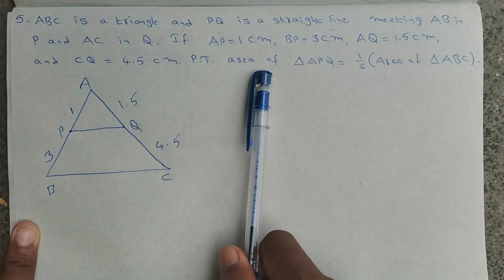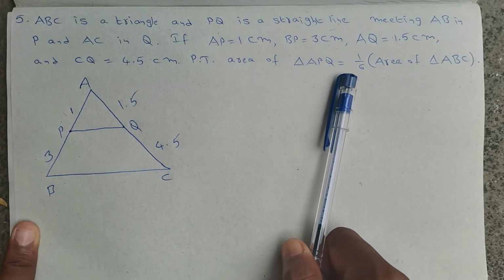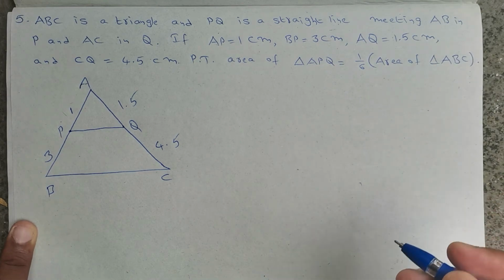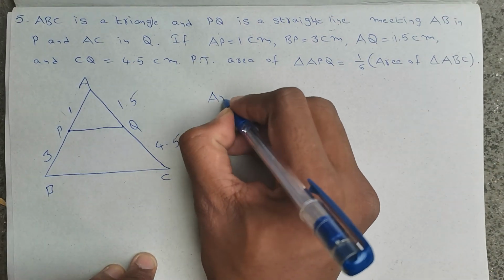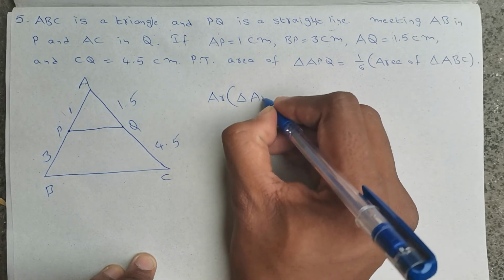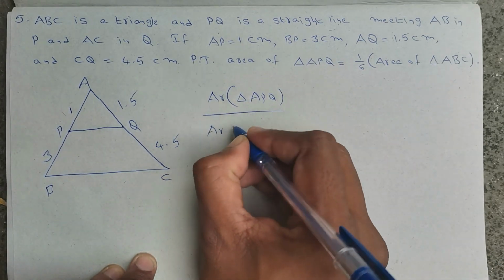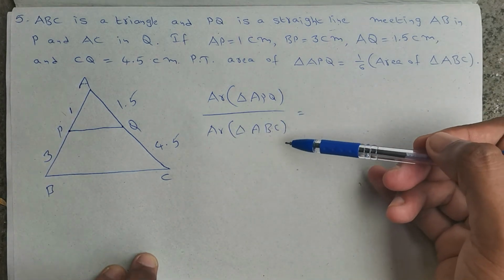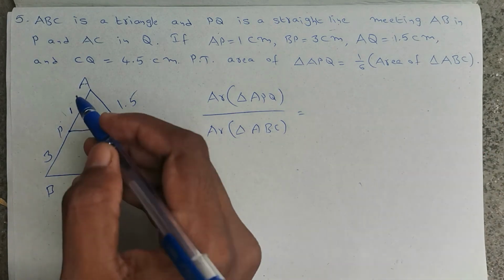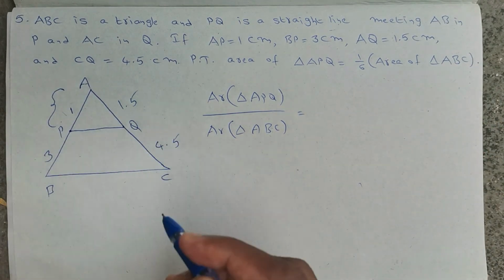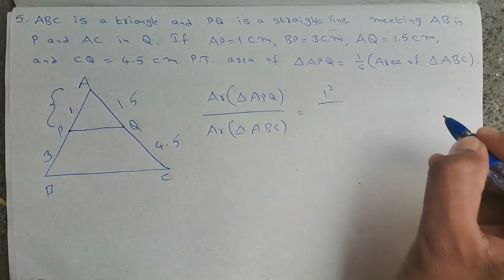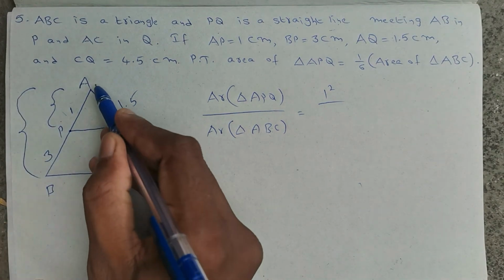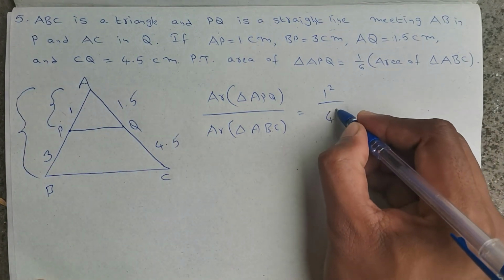Then he is asking to prove that area of triangle APQ is equal to 1 by 16 of area of triangle ABC. So first I am going to find the area of the smaller triangle. Area of triangle APQ divided by area of triangle ABC. Area of the smaller triangle divided by area of the bigger triangle is equal to the squares of the corresponding sides. So the side of the small triangle 1 square divided by the side of the bigger triangle, that is total AB, so 1 plus 3, 4 square.